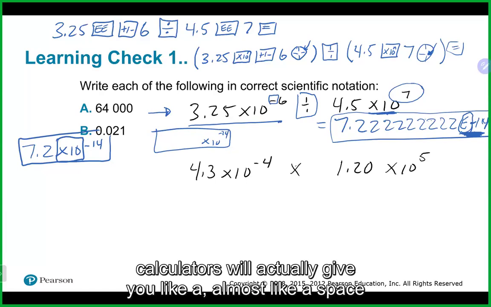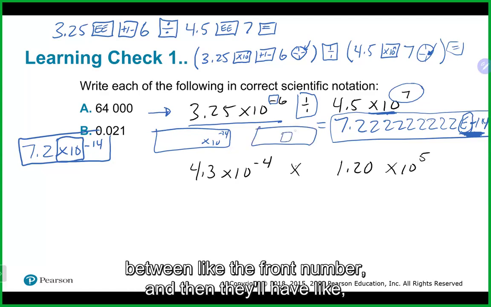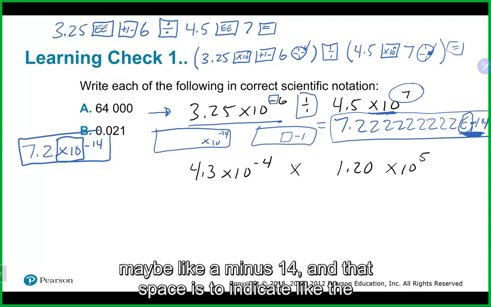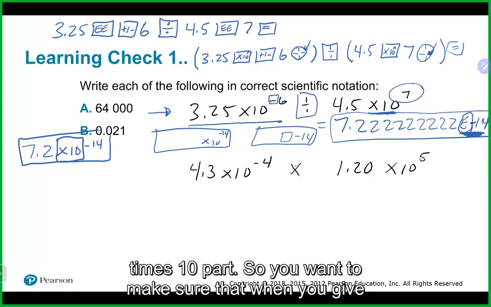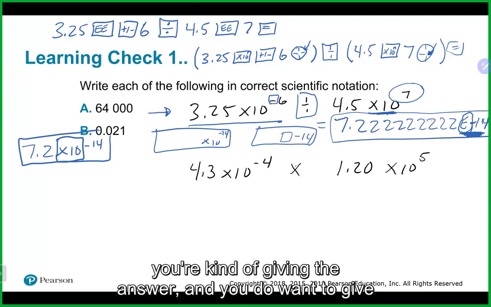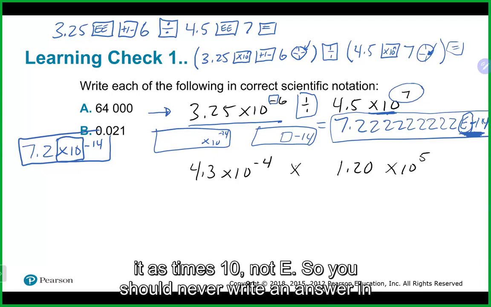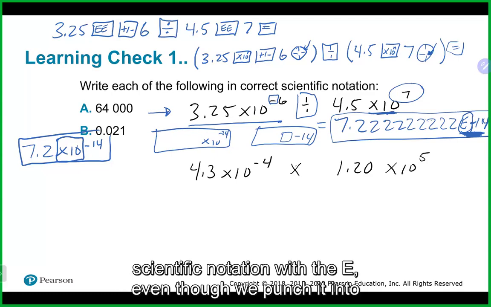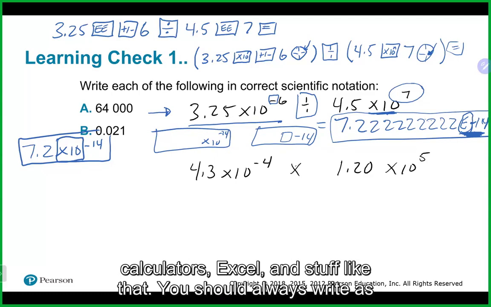Some calculators will actually give you almost like a space between the front number and maybe a minus 14, and that space is to indicate the times 10 part. So when you give your answer, you don't want to miss the times 10 part, and you do want to give it as times 10, not E. You should never write an answer in scientific notation with the E, even though we punch it into calculators, Excel and stuff like that. You should always write it as times 10.